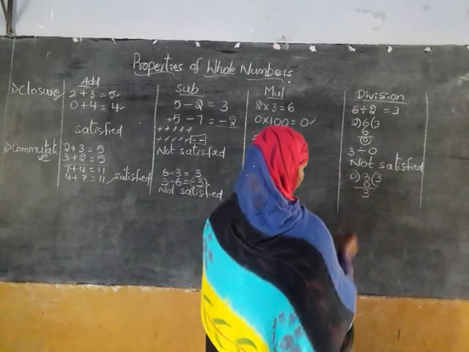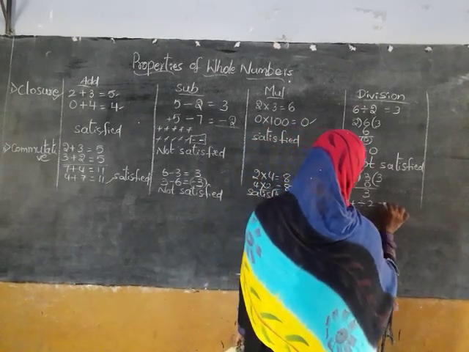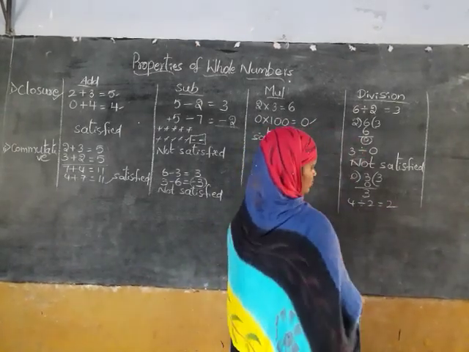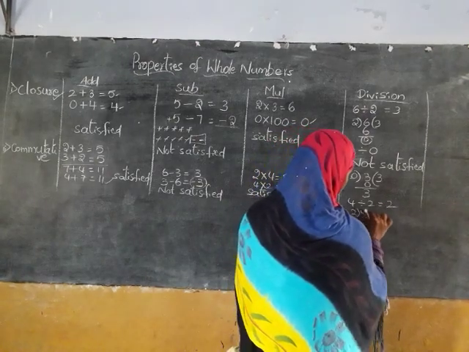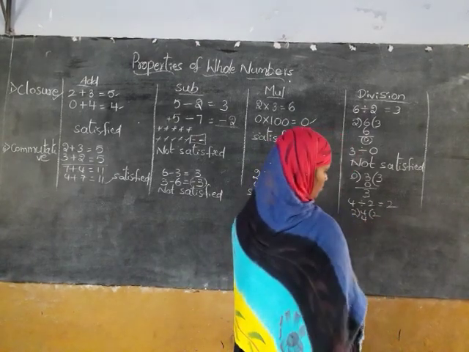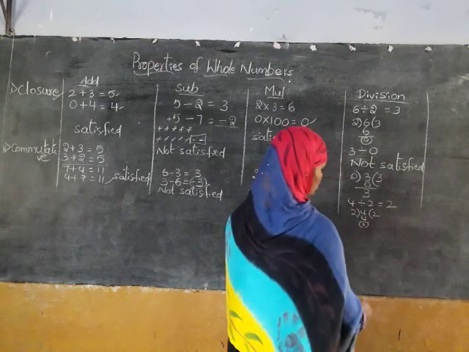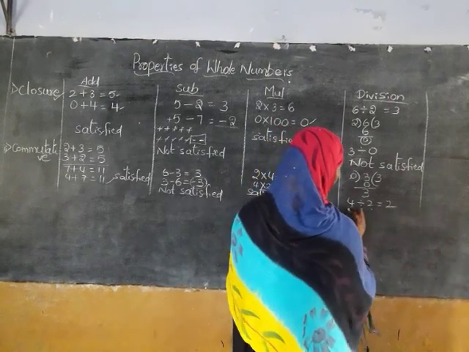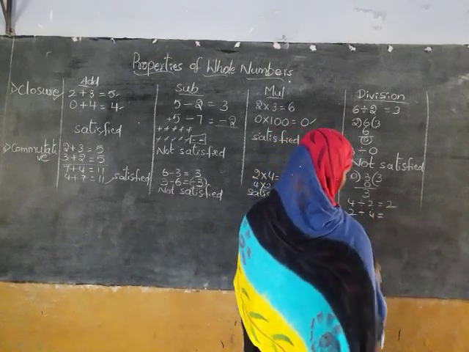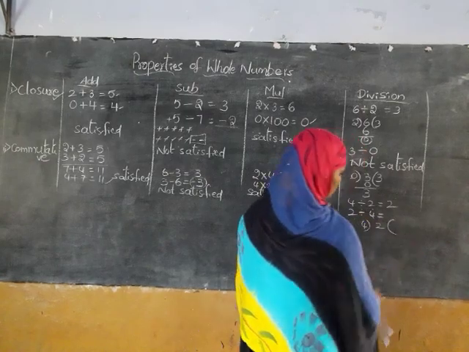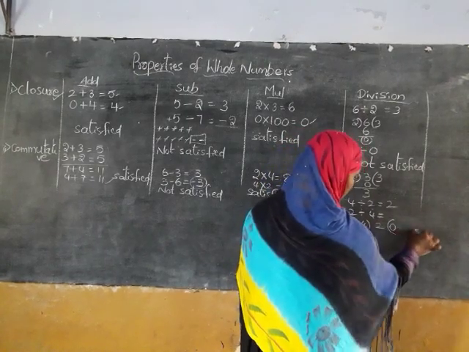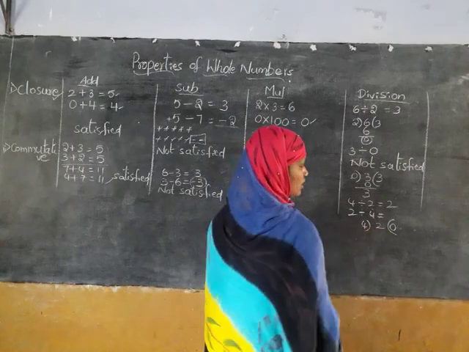Now division. 4 divided by 2 equal to 2. See, 2 2s are 4, so the answer is 2. Now 2 divided by 4. Is it possible? We get 0 point something. Is it in the whole numbers?